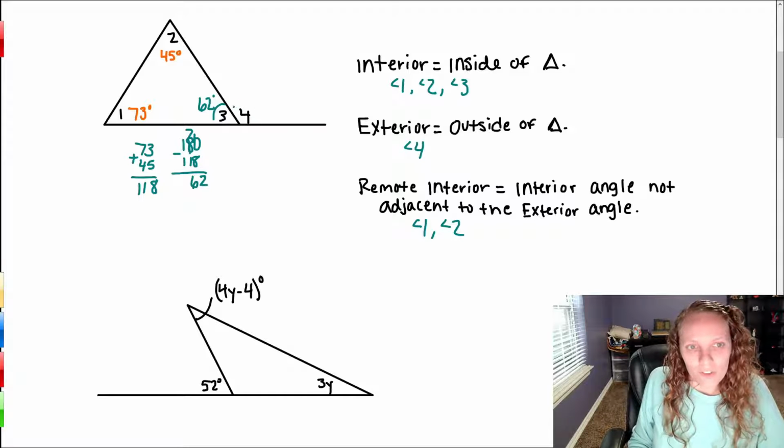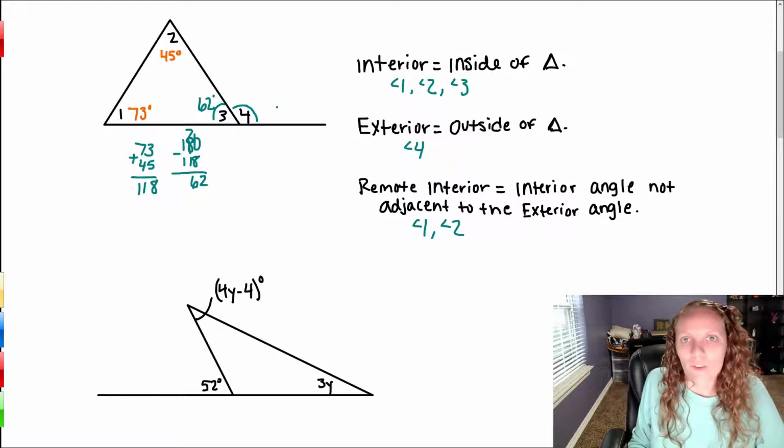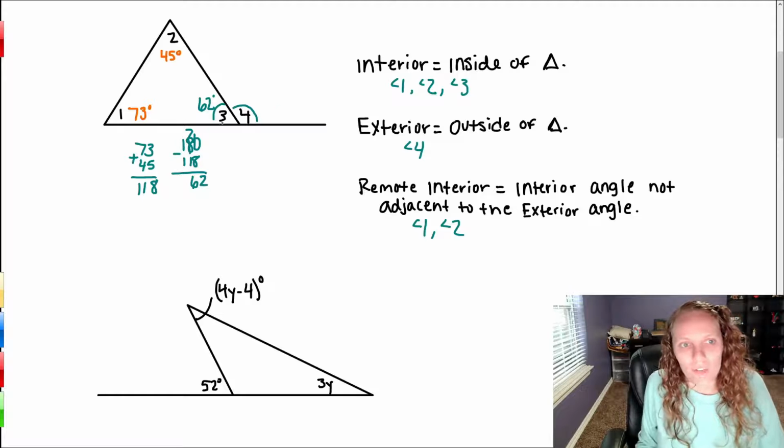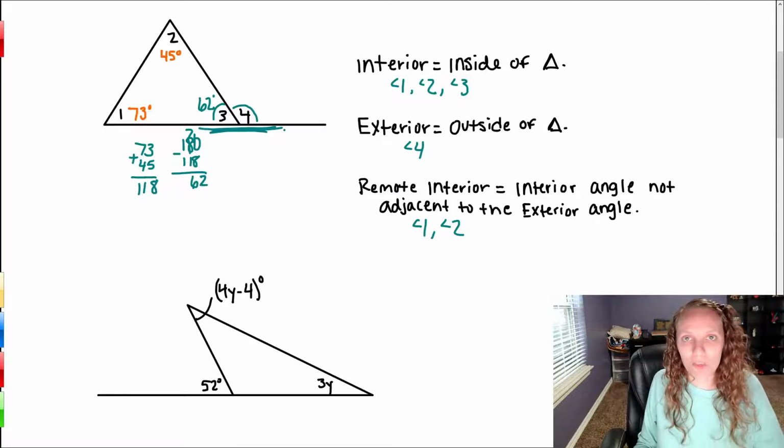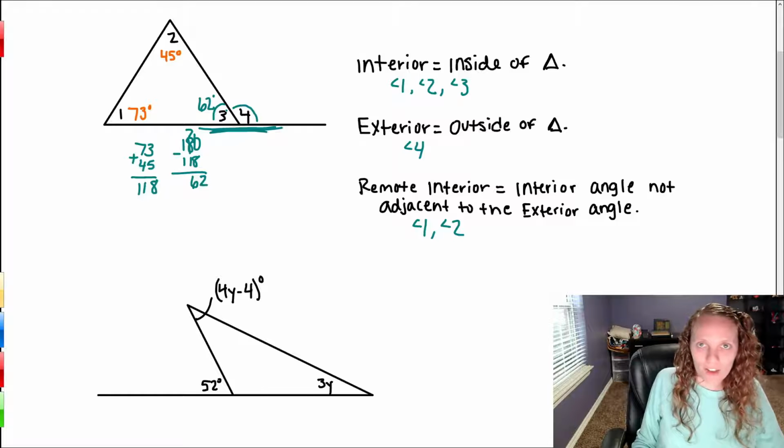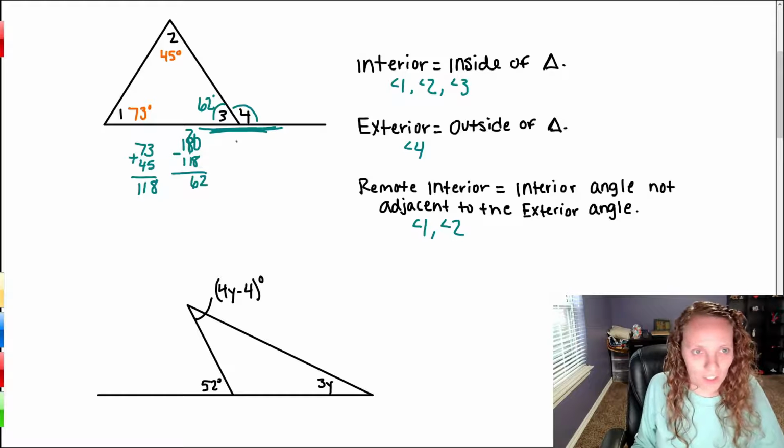Now we're going to solve for this missing angle, angle 4, which is our exterior angle. If you notice, angle 3 and angle 4 create a straight line. That's also supplementary, two angles that form a straight line. They equal 180 degrees.